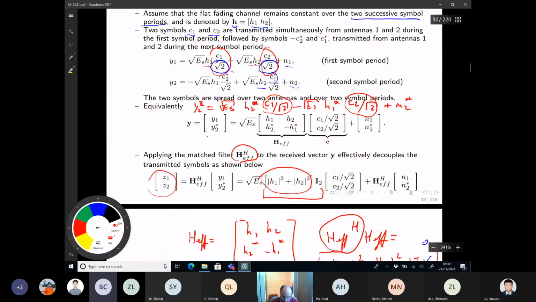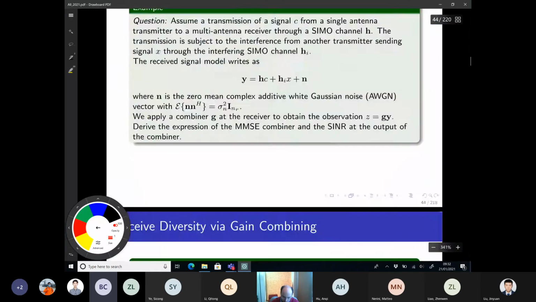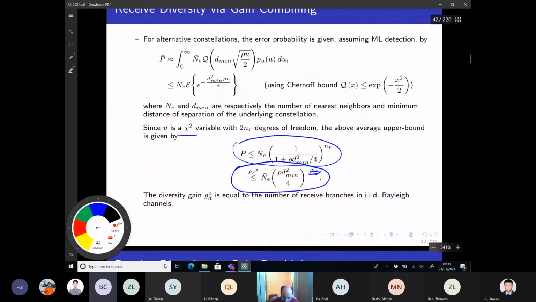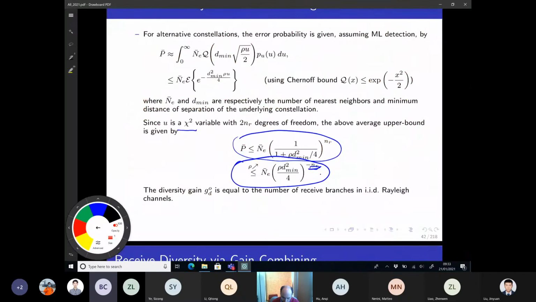So you remember with MRC, what we did last Monday, we had here a 4, right? Your minimum distance divided by 4 to the power minus nr. Now, instead of having 4, I'm going to have 8 because I divided C1 and C2 by square root of 2 to maintain the transmit power constraint.